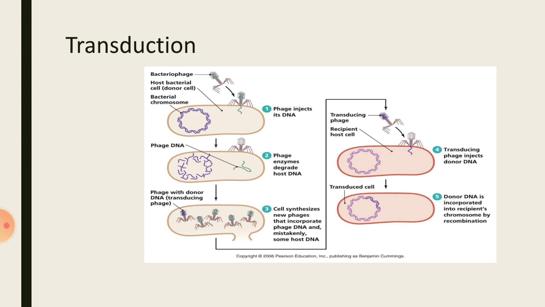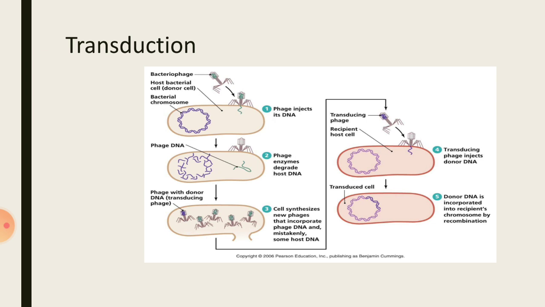It was first identified by Zinder and Lederberg in 1952 in Salmonella typhimurium, which causes typhoid disease in human beings. Later on, it was also proved in Escherichia coli, Shigella bacteria, and Staphylococcus bacteria.